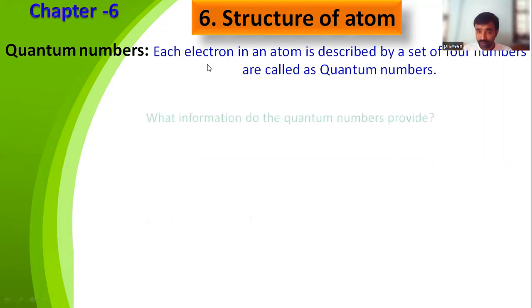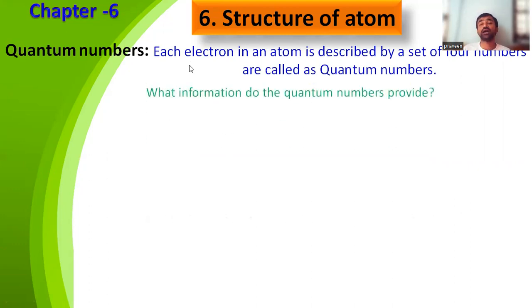Those measurable numbers describe the electrons. There are four types, majorly three only, but later one more was introduced, that is the spin quantum number.